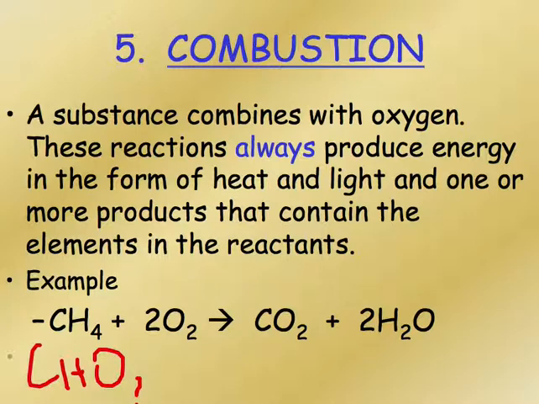So this carbon would have a number, hydrogen would have a number, and then we could possibly have an oxygen there. And the reason why I bring this up is you can burn alcohols, and alcohols are carbon hydrogen chains with oxygen in them also.